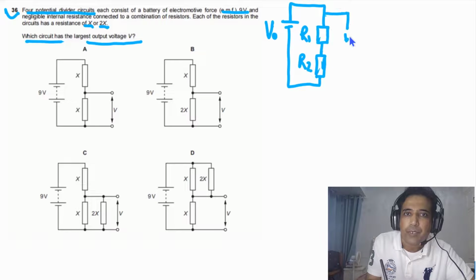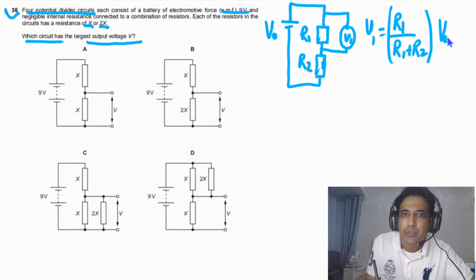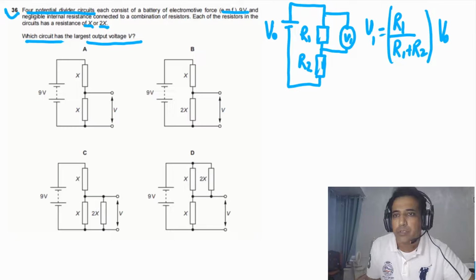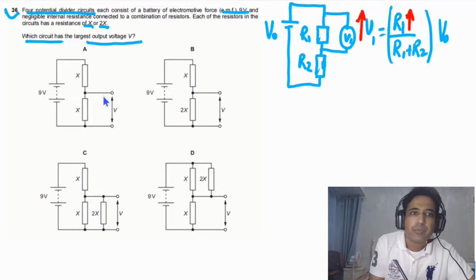If we need to find the PD across the first resistor, let's say V1, then V1 will be equal to R1 divided by R1 plus R2, because the same current is passing through them, multiplied by V0. So this is how we can find it. If R1 is big, it means V1 will be greater. The same principle we have to use.